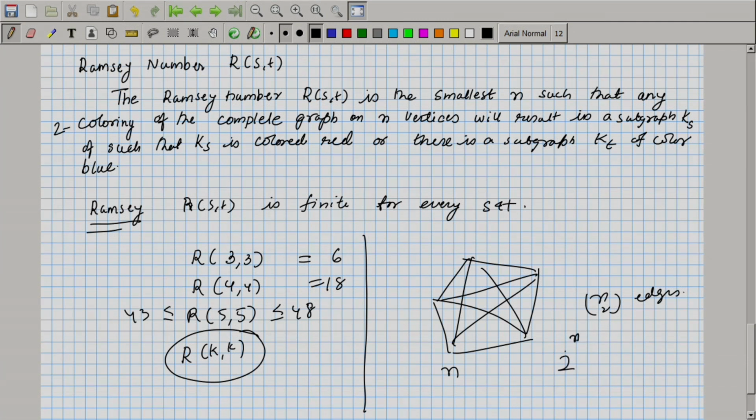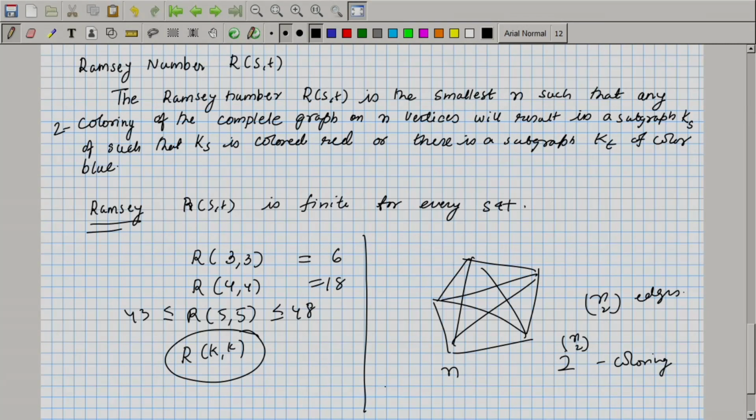If we can find one coloring that avoids the red clique of size S and the blue clique of size T, then we know that R(S,T) is greater than that particular n.